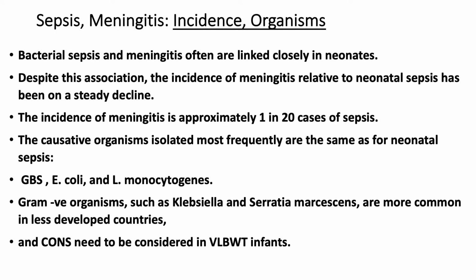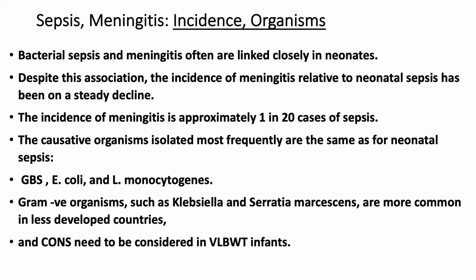Now, what's the incidence and the organisms responsible for sepsis and meningitis in neonates? Bacterial sepsis and meningitis are often linked closely in neonates. Despite this association, the incidence of meningitis relative to neonatal sepsis has been on a steady decline. The incidence of meningitis is approximately 1 in 20 cases of sepsis.